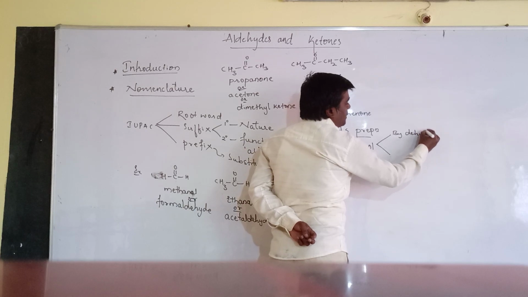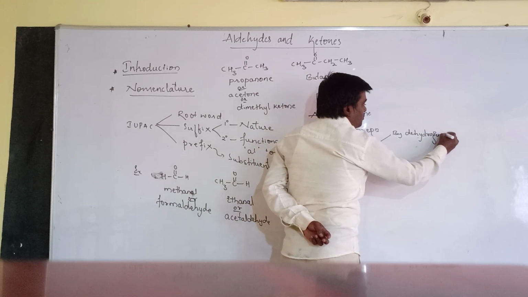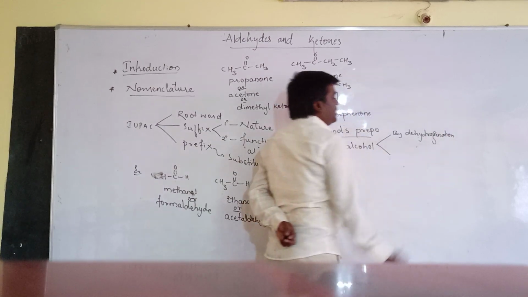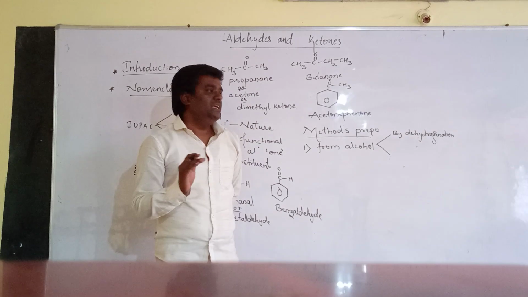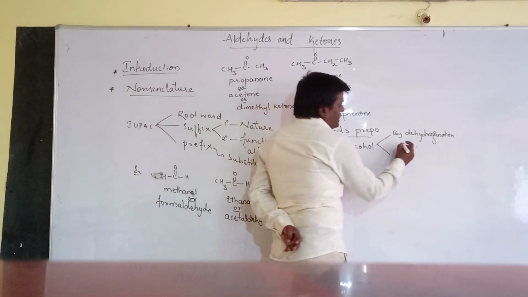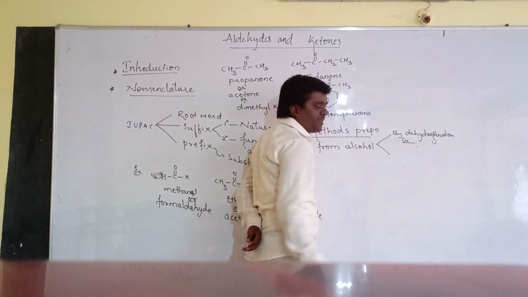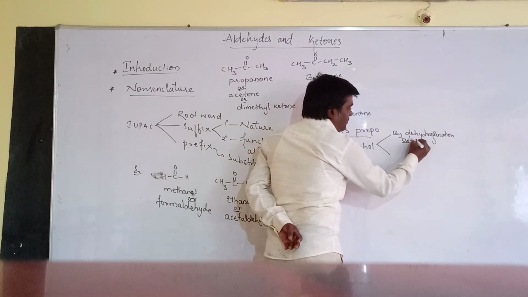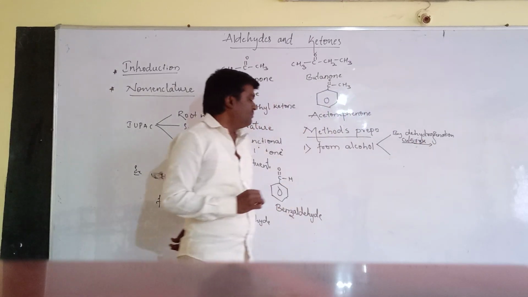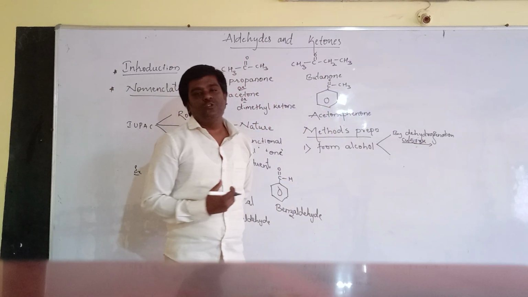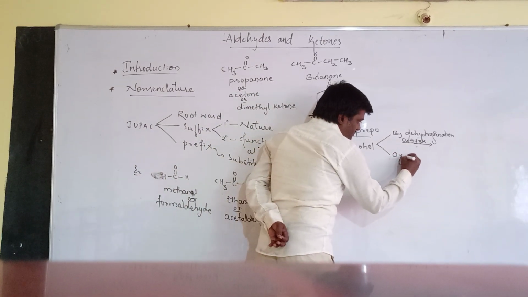First one is by dehydrogenation. Dehydrogenation means the removal of hydrogen takes place in the reaction. This dehydrogenation is carried out in the presence of copper at 573 Kelvin temperature. The second method is oxidation.